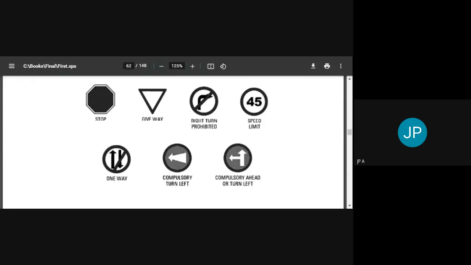The next one is a right arrow with a cross, which means that you are prohibited to turn right. You are prohibited.